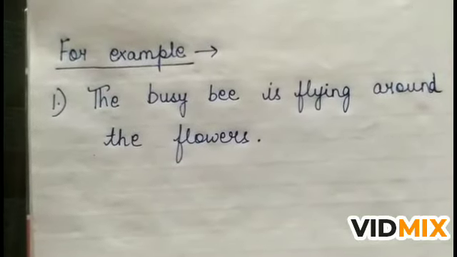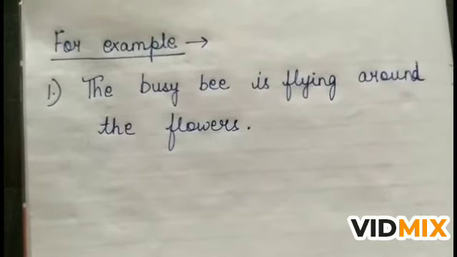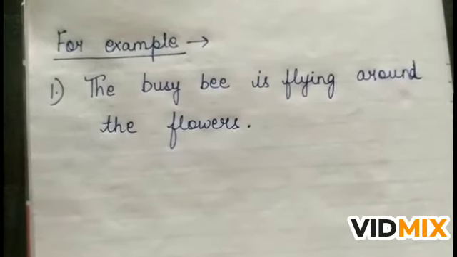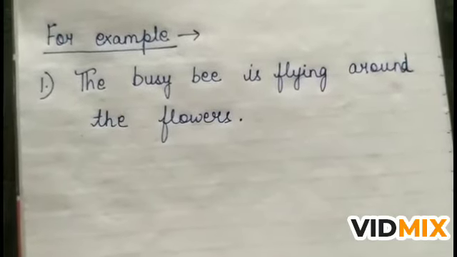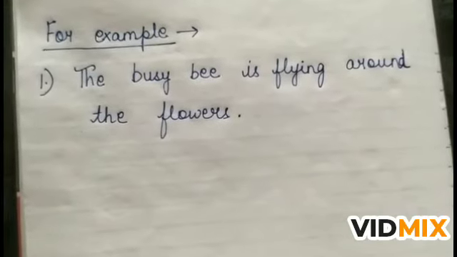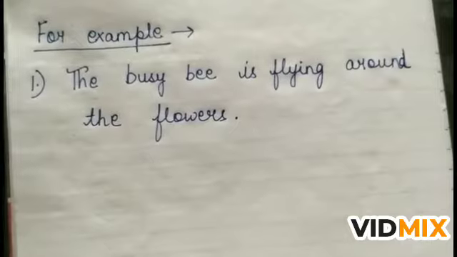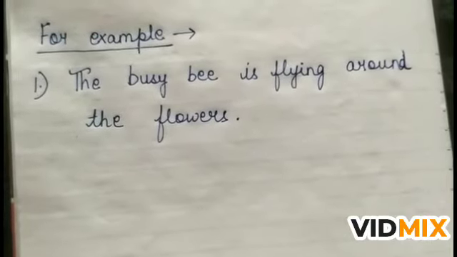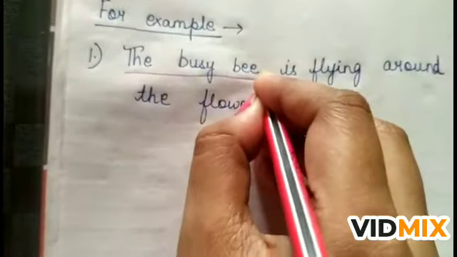Now students, for more understanding, let us take one example. The busy bee is flying around the flowers. We have to identify the subject and the predicate in this sentence. In this whole sentence, what are we talking about? We are talking about the busy bee. That is this, busy bee.